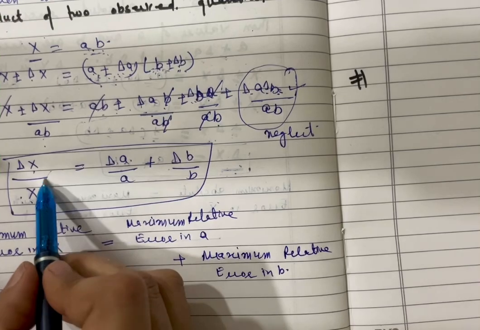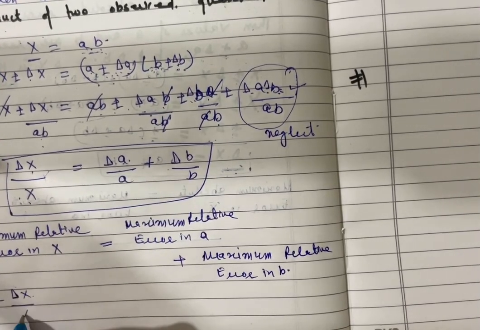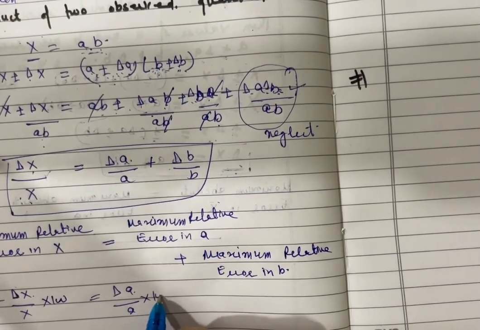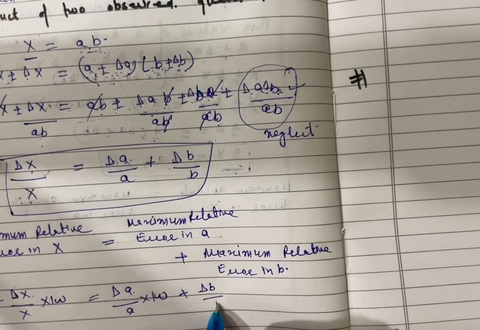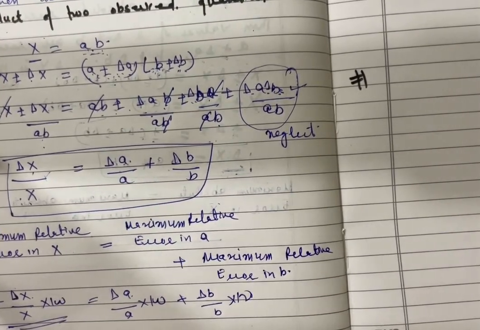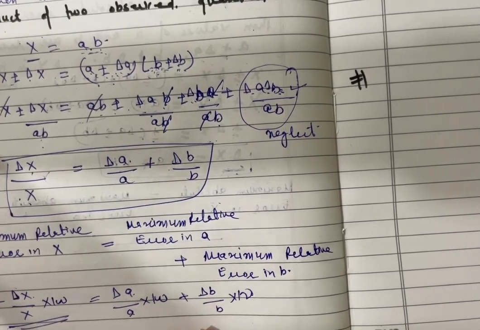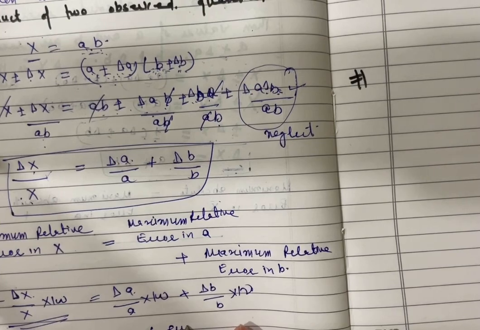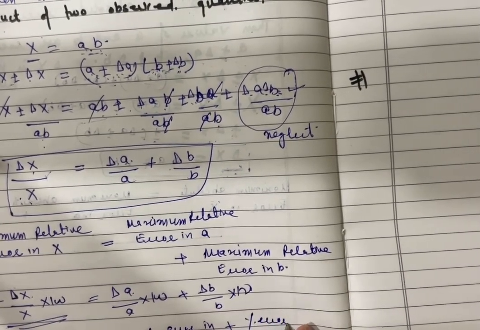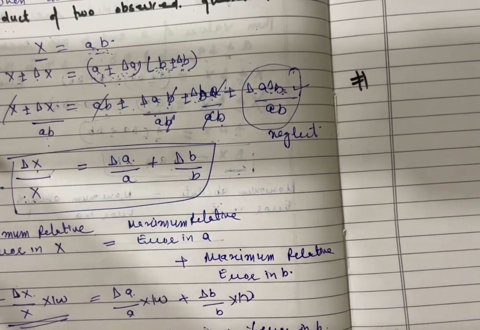Then if we multiply it by 100, we get delta x by x into 100 equal to delta a by a into 100 plus delta b by b into 100. Then what will this be? This is the percentage error in x, which is equal to the percentage error in A plus the percentage error in B. Clear ji?